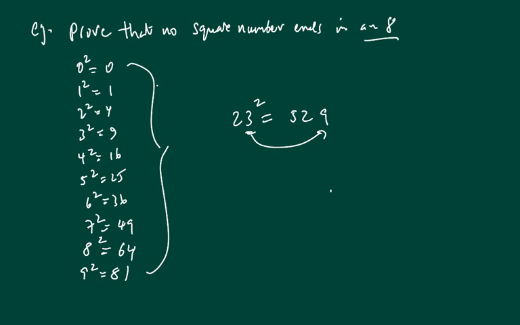And so what we're trying to say is the last digits, these ones on the left, when we square these numbers, will give us these digits on the right as the final digits of the answer. And therefore we've proven by exhaustion that the final digits of a square number will never end in an 8.